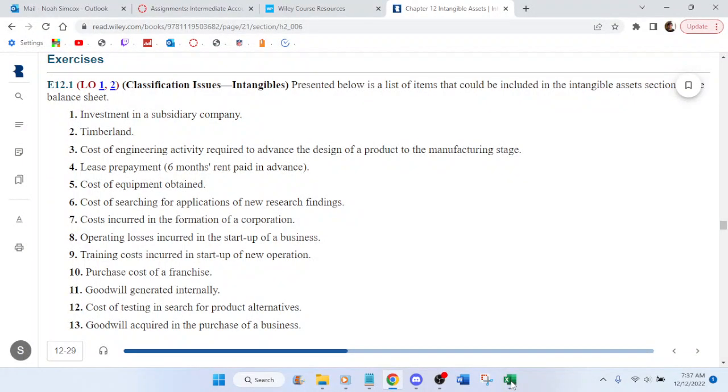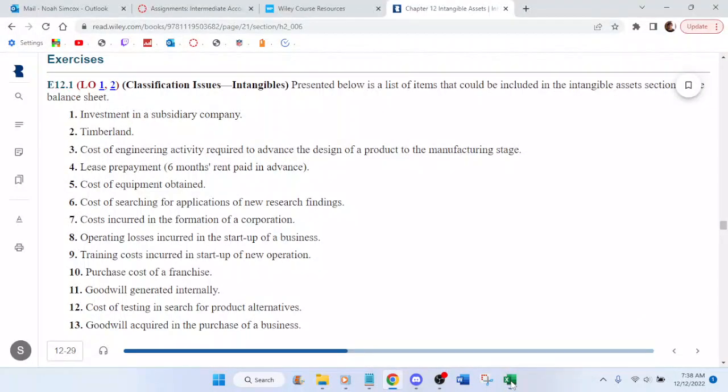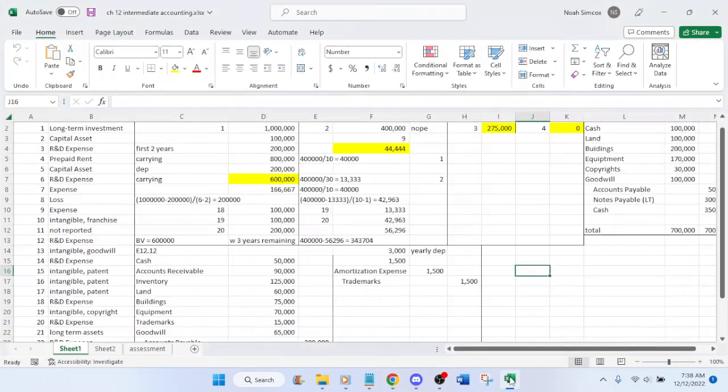Number 7, costs incurred in the formation of a corporation is going to be like startup expenses or something. Or startup. It says expense 7. Operating losses incurred. Operating losses. So startup expenses.